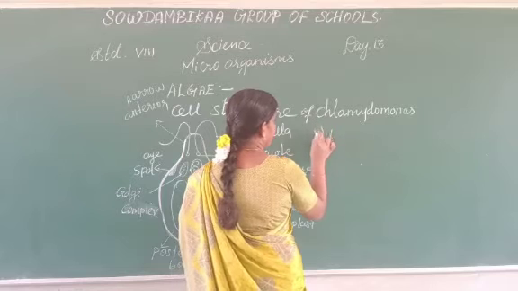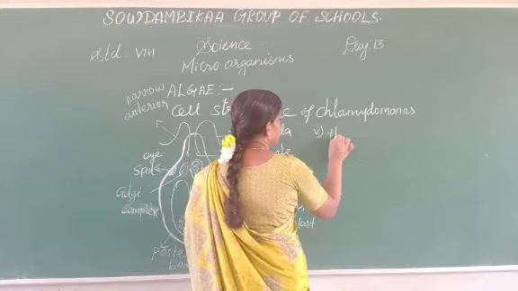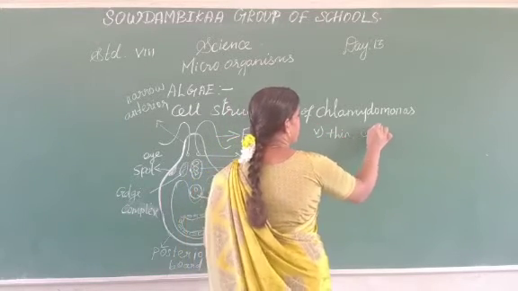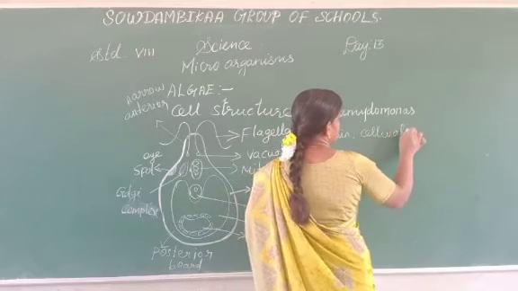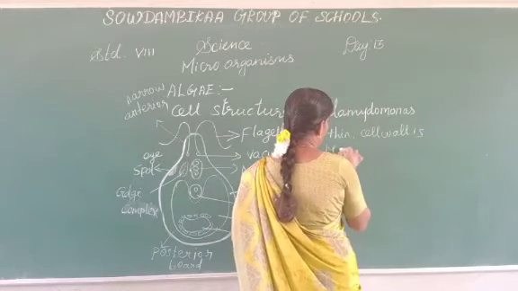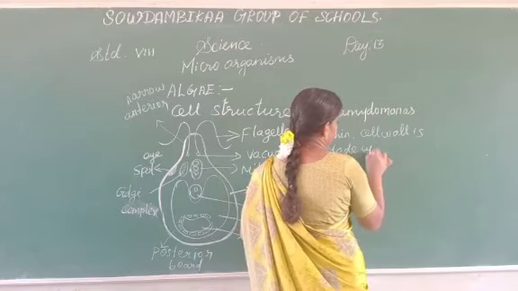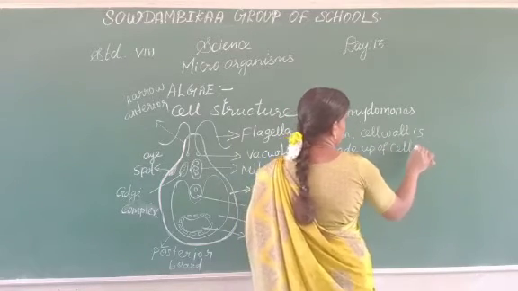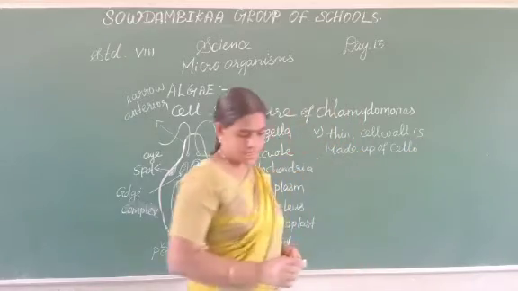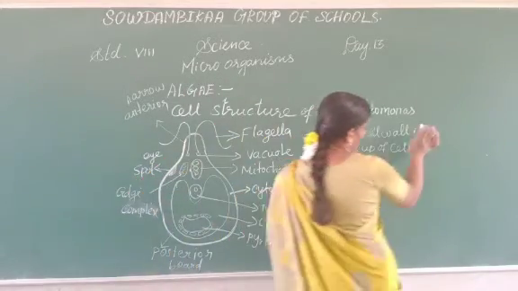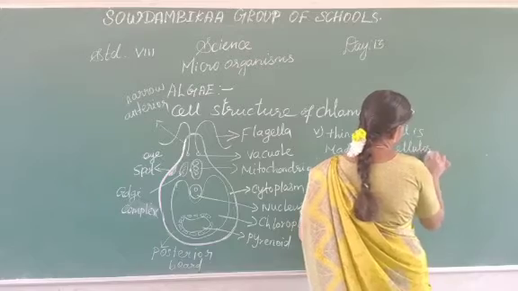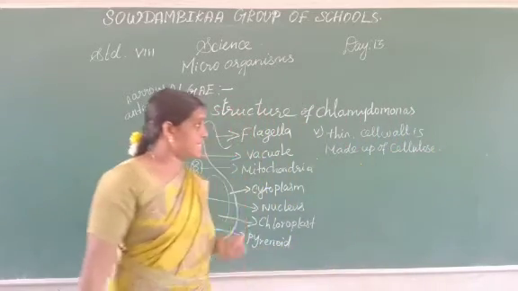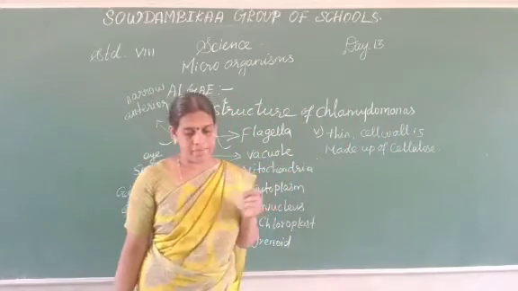This is the fifth point. The cell wall is made up of cellulose.